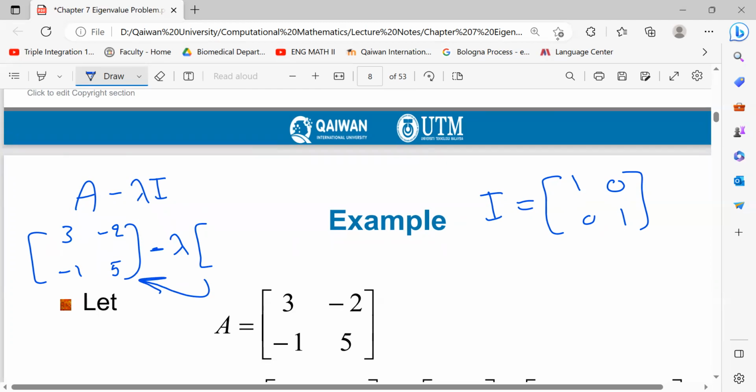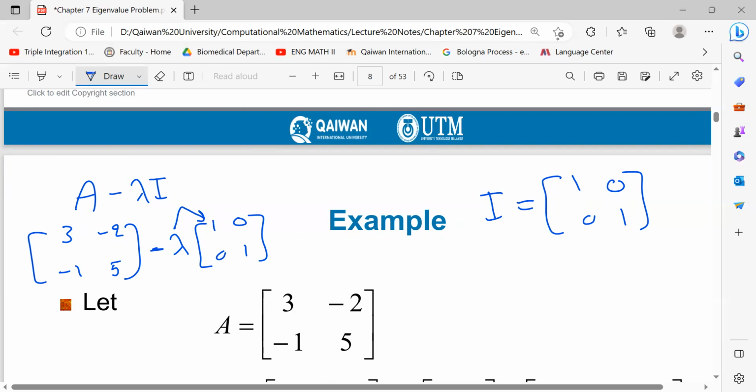If it's 2 by 2, take a 2 by 2 identity matrix. It's 1 0 0 1, but you should know what the identity matrix is. I told you before, for 2 by 2, 3 by 3, and so on, only the diagonal elements are 1s, the others are 0. Now we bring this lambda into the matrix.